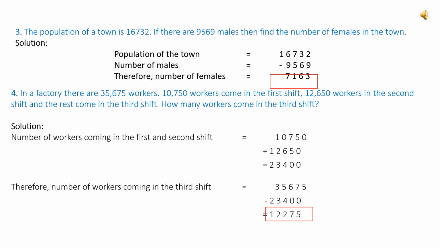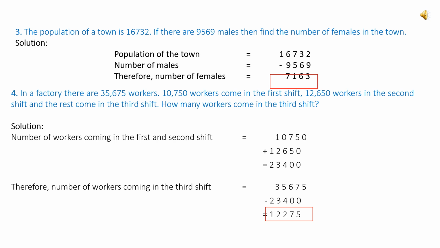Next one, in a factory there are 35,675 workers, 10,750 workers come in the first shift, 12,650 workers in the second shift, and the rest comes in the third shift. How many workers come in the third shift? So first you write the number of workers coming in first and second shift, that is equal to 23,400.